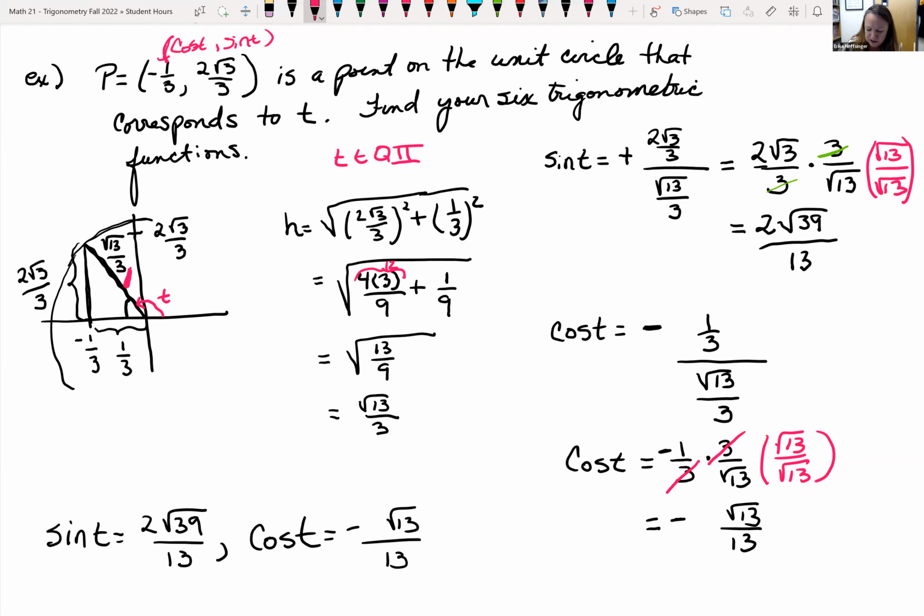So I went back and looked at my work and I still got root 13 over 3, not 1 for my hypotenuse. So I looked back at the problem it gave me, and I noticed that this right here should have been root 2.